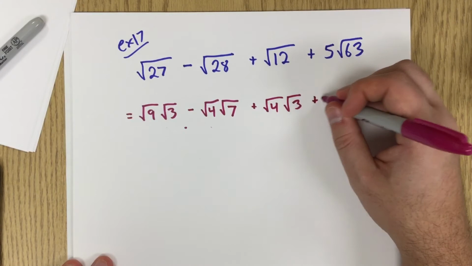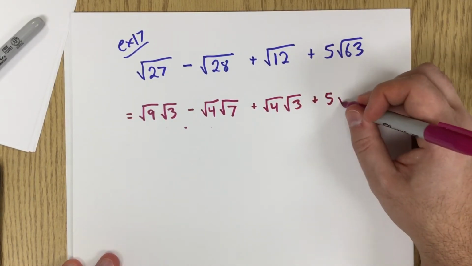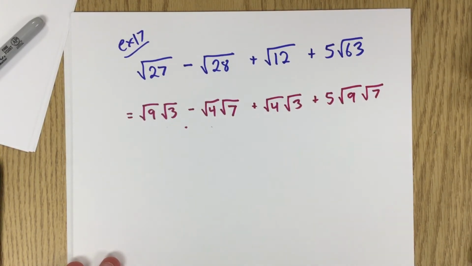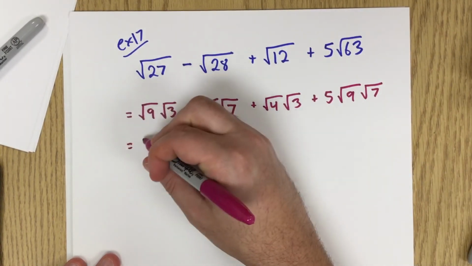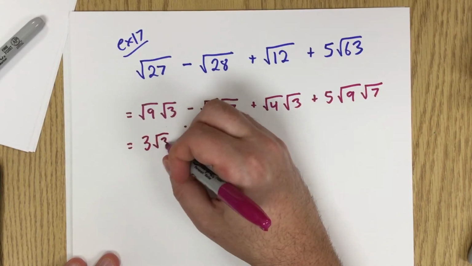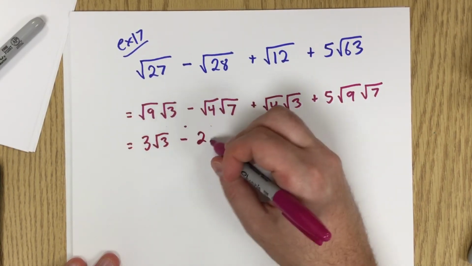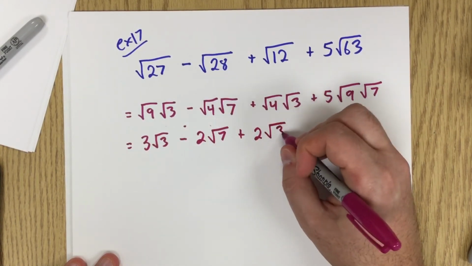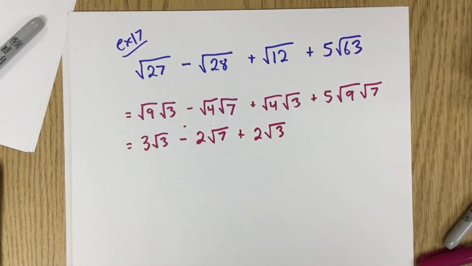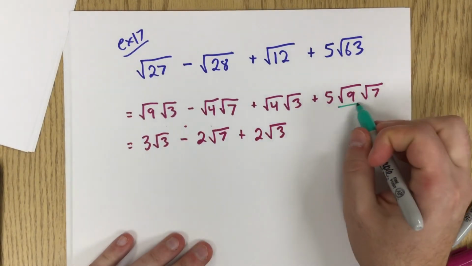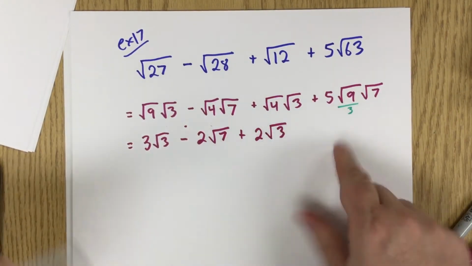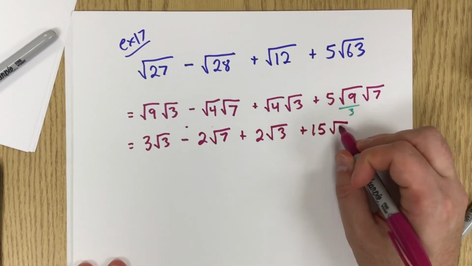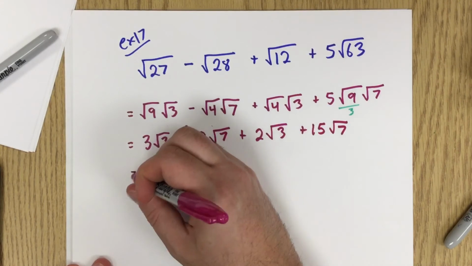And this is going to be 5 times root 9 times root 7, which is going to be 3 root 3 minus 2 root 7 plus 2 root 3. I'm going to kind of jump a step here. This is going to become 3, and 5 times 3 is 15. So that's going to give us 15 root 7. I'm going to put the like terms together.